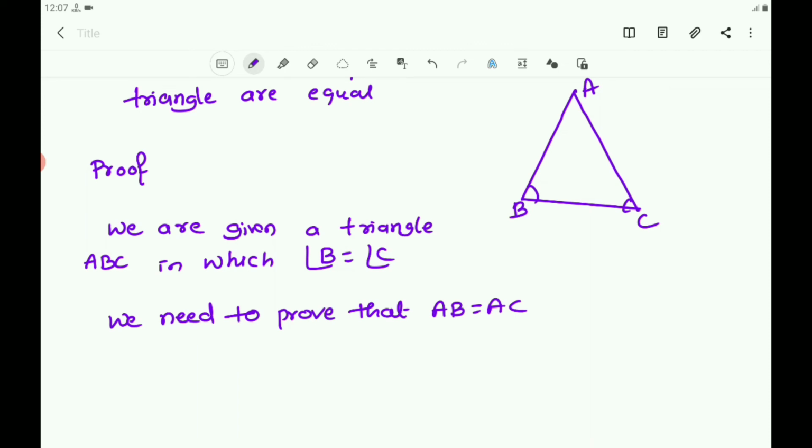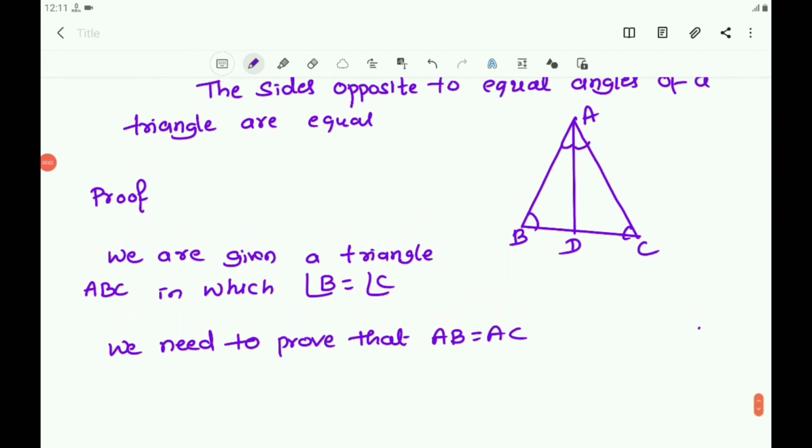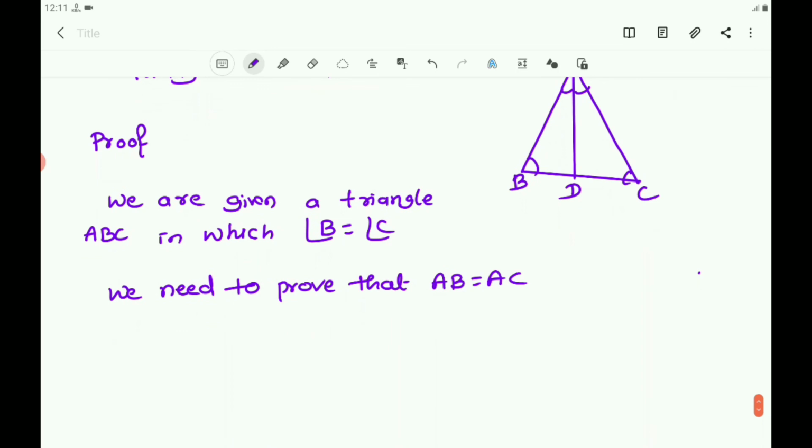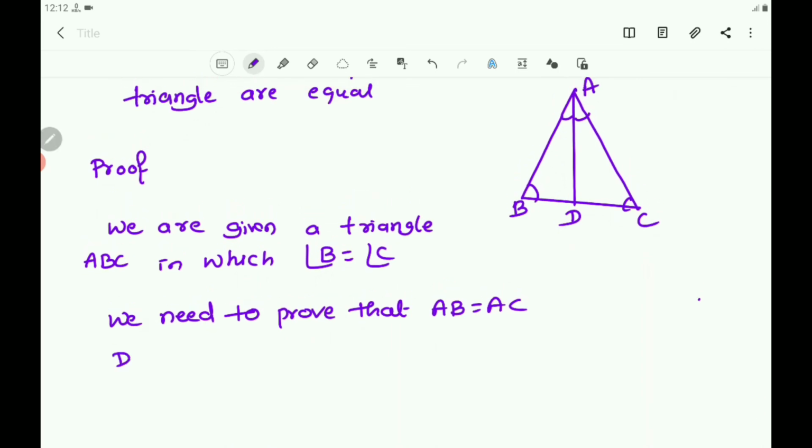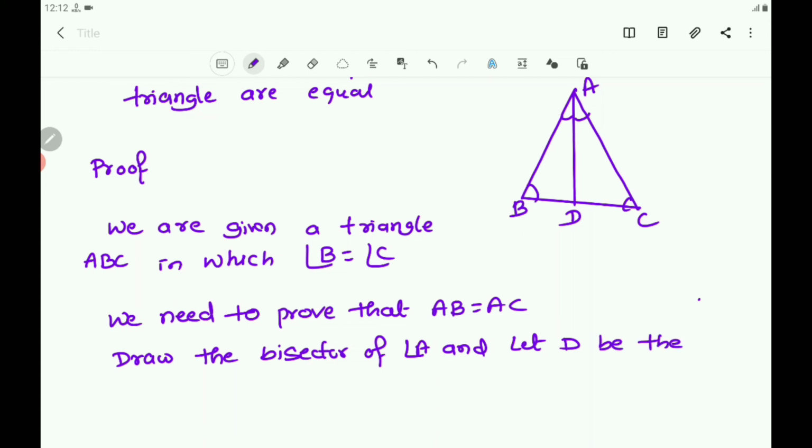Then here also there is a necessity of construction. So draw the angular bisector for the angle BAC and let that bisector meet the side BC at D. Draw the bisector of angle A and let D be the point of intersection of this bisector and side BC.